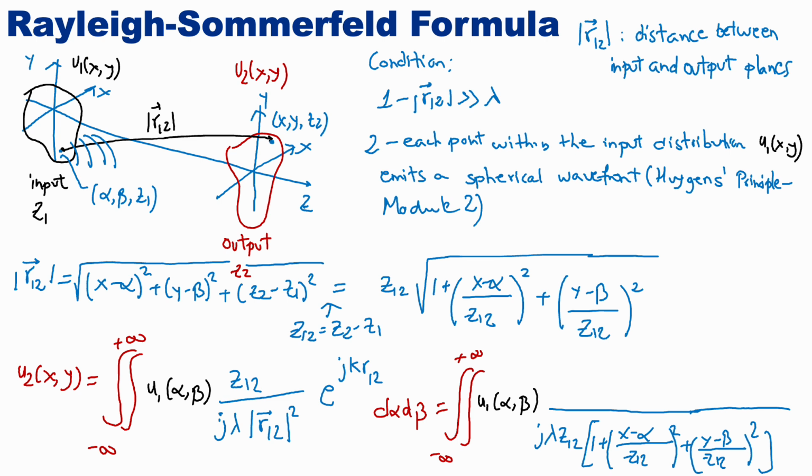We don't have the square root now because the square root cancels with the square in the denominator. Then on the numerator we have exponential of jk c12 times the square root of 1 plus ((x minus alpha) over c12) squared plus ((y minus beta) over c12) squared, and the differential of alpha, differential of beta.